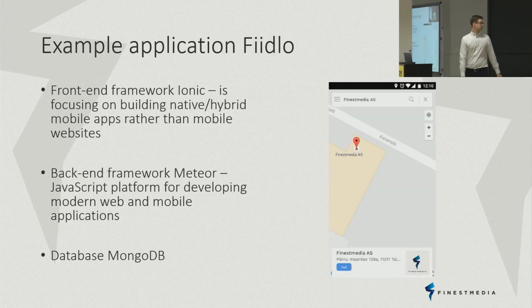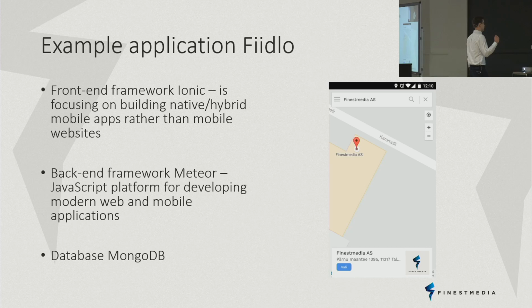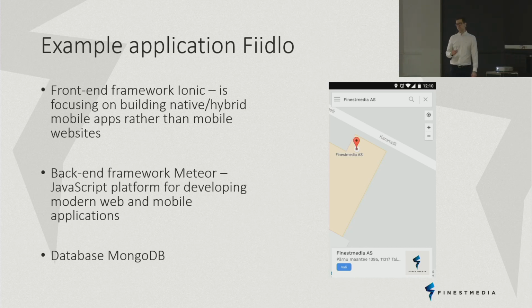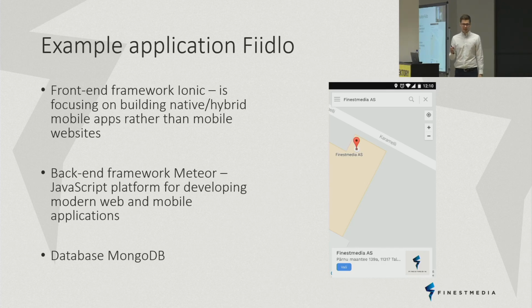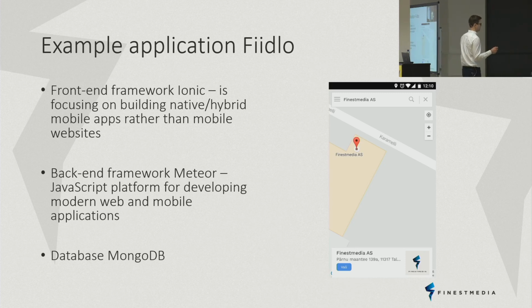So first, I would start with the application Fiidlo. It was a few years back. We had this kind of project in Finestmedia, and there were two different environments basically.